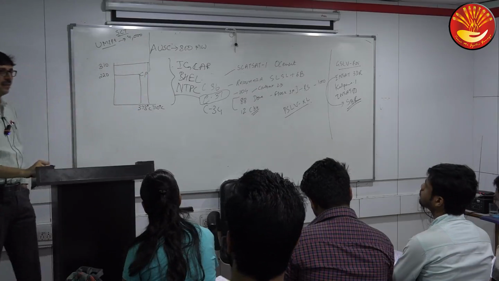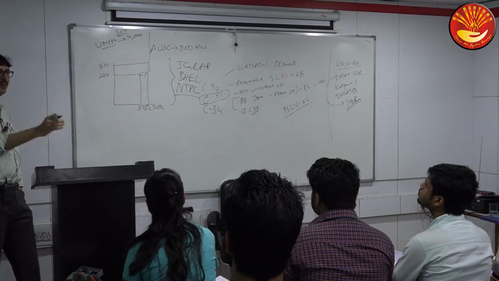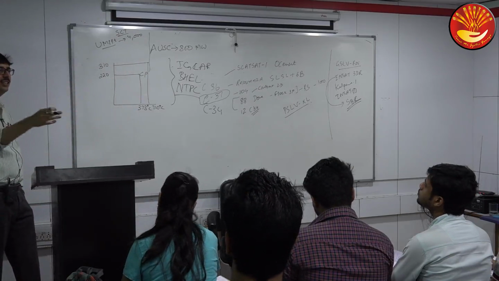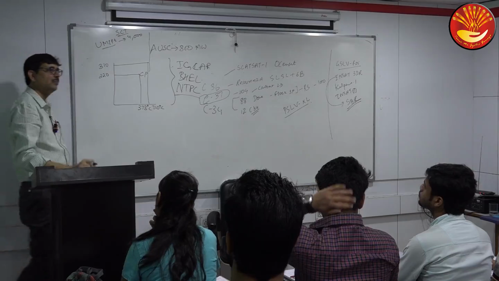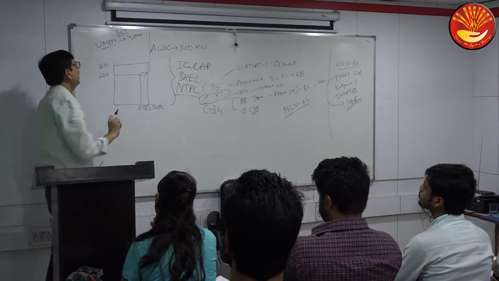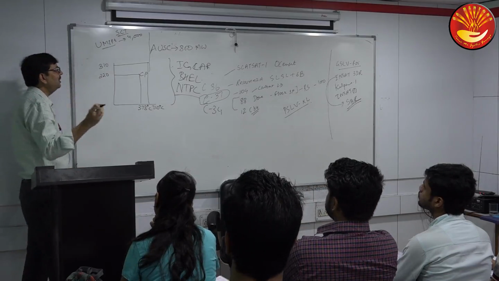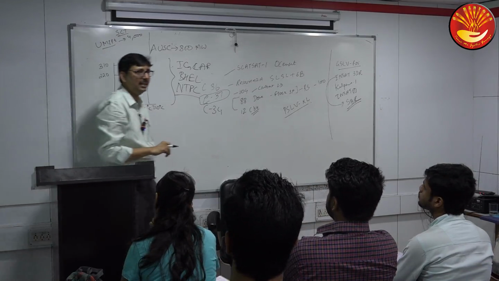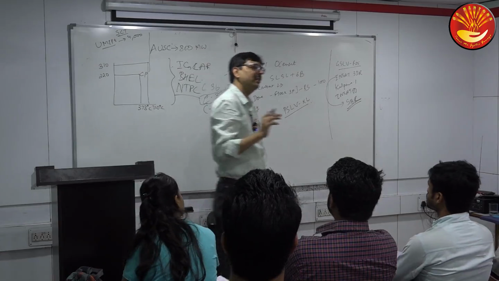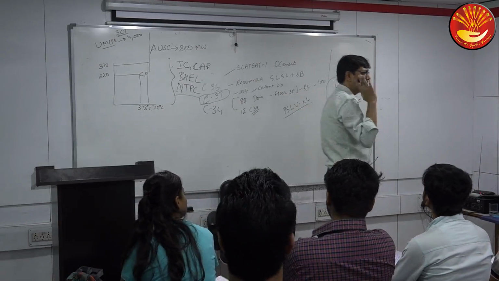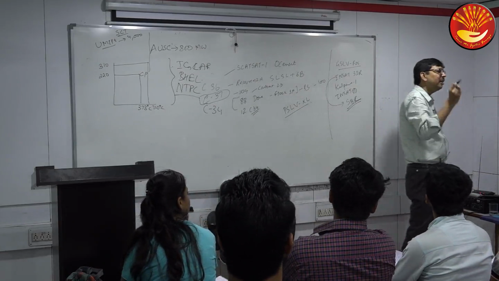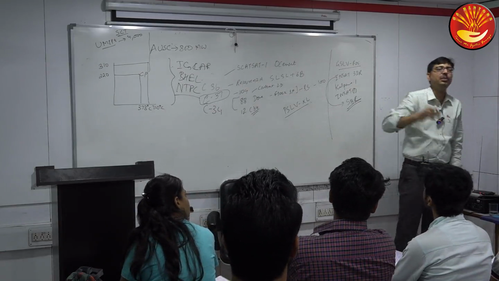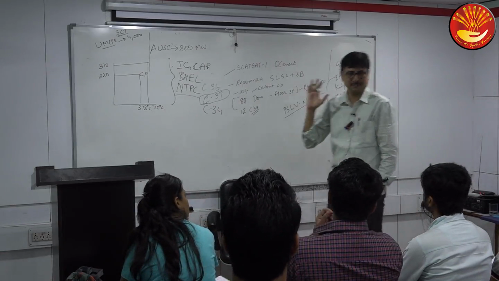And we already have 4 UMPPs operating in the country: Sasan, Krishnapatnam, Tilaiya and Mundra. Recently, a policy was made by the government that in future, irrespective of capacity, all thermal power plants have to be of supercritical type.